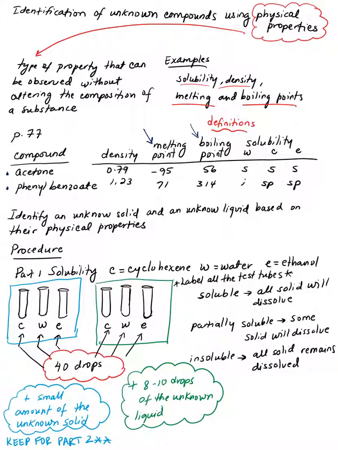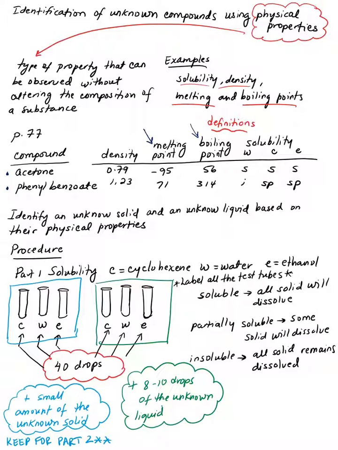So you have to remember how much solid you're adding into your test tube. If it's insoluble, you will stir your solid and your solvent with your glass rod and nothing will happen. The solid will remain inside your test tube entirely, the same amount that you added in the beginning.